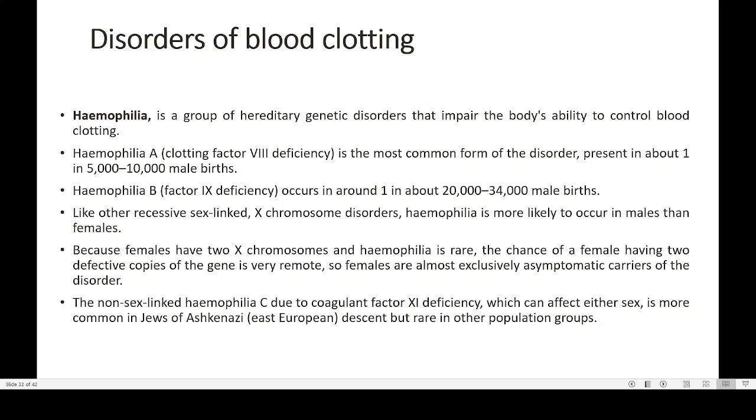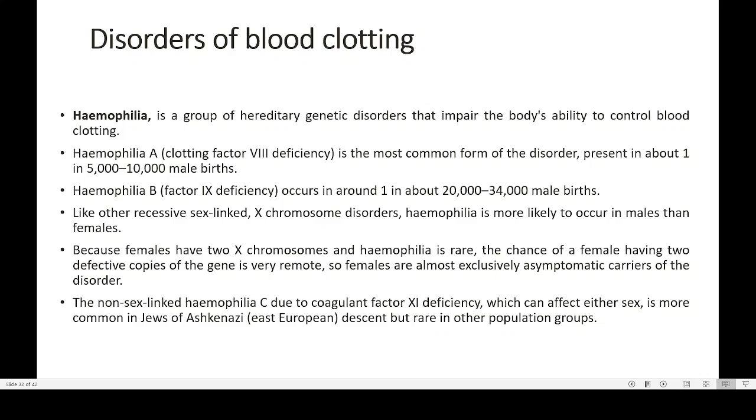That is, if there is a capital X and a small x, capital X will always be expressed. So this kind of genetic deficiency is usually present in the X chromosome. So they are recessive genes also.